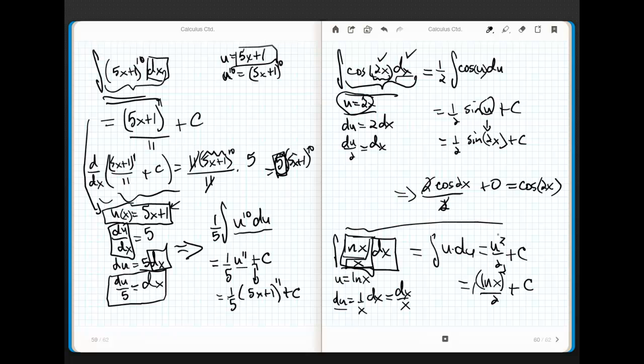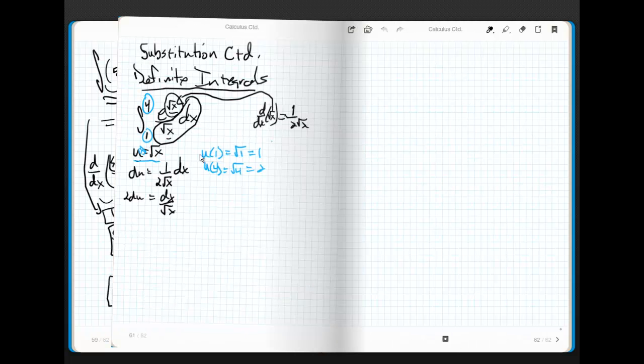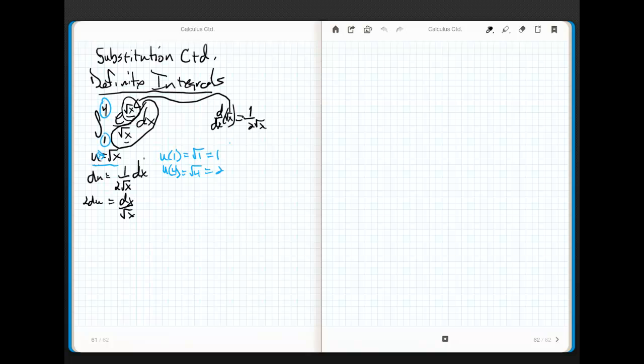Same thing here, and then we back substituted our u. Well, over here, once I have changed limits, no need to back substitute. That's the best part. All I got to do is redefine my limits in terms of u rather than x, and I'm off to the races.